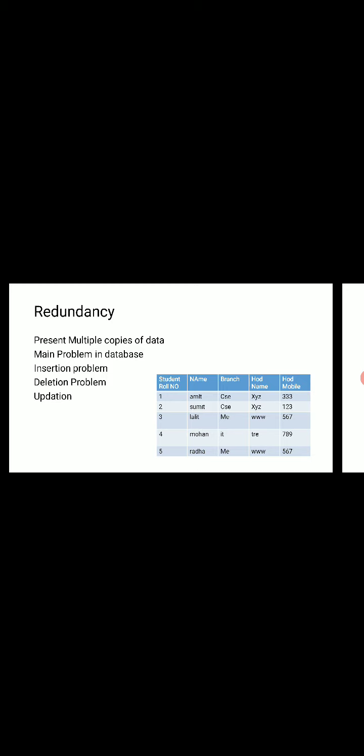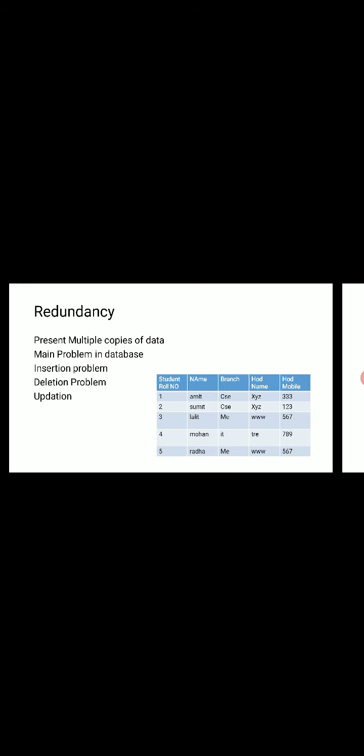Updation. Suppose we want to update the head mobile number, but the data is redundant. When we update the record, we have to update all the redundant records also. If we forget to update any record, the system will go into an inconsistent state. What is meant by inconsistency?